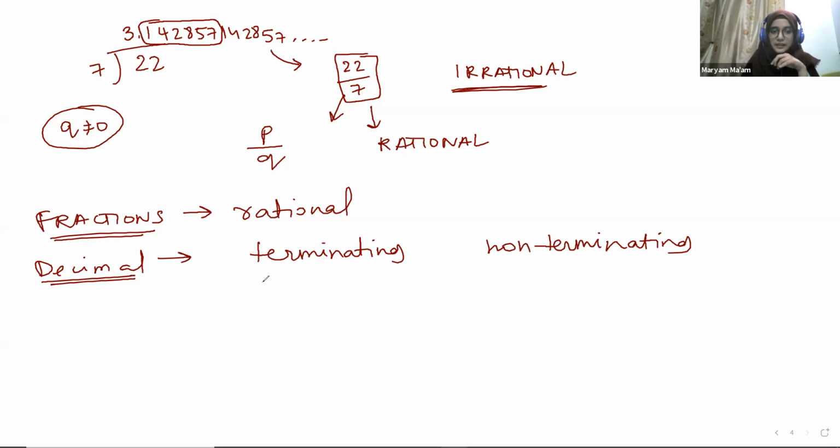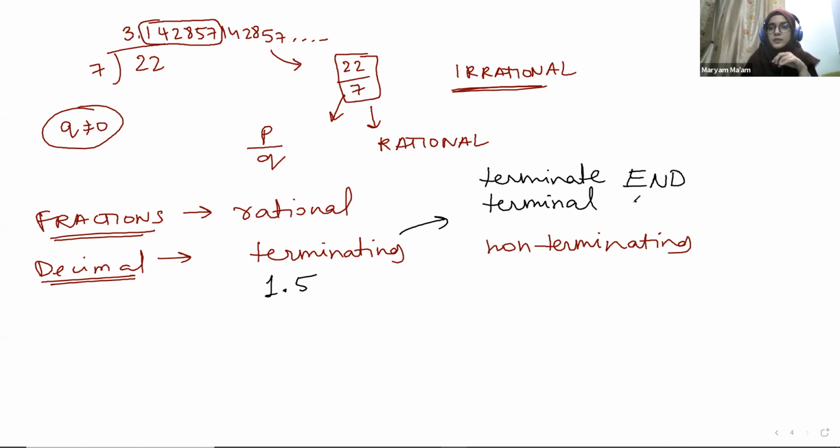What you said for terminating has to be the definition for non-terminating. Terminating means, if I say 1.5, this is terminating. What does terminate mean? You must have heard, when you go to the airport, terminal. Terminal basically means a place where something comes to an end or stops.